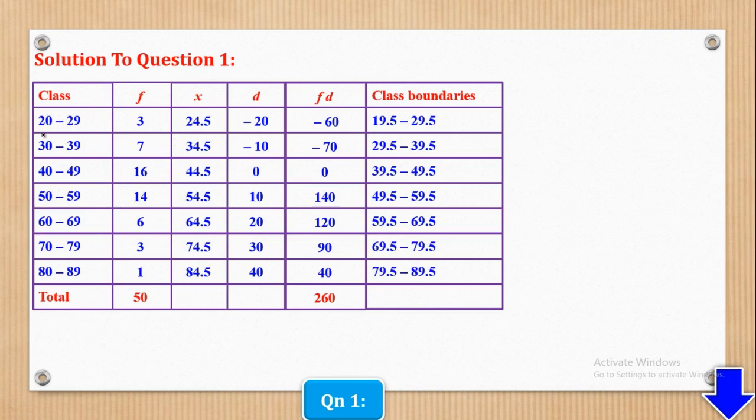So I think you realize that now for 20 minus 0.5, I'll come up with 19.5, and 29 plus 0.5, I'll come up with 29.5. 30 minus 0.5, I'll come up with 29.5. 39 plus 0.5, I'll come up with 39.5. So this is done for all those values of the class limits, and that is how you can get these values of the class boundaries.